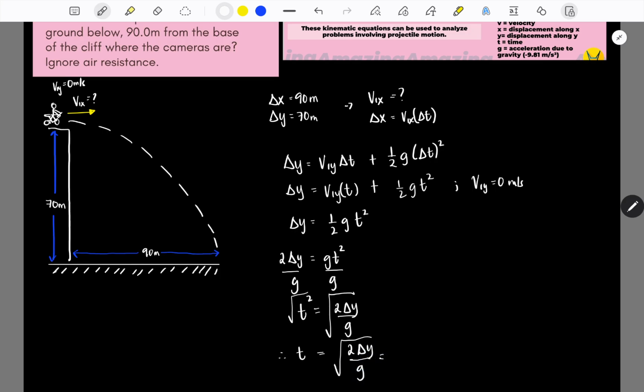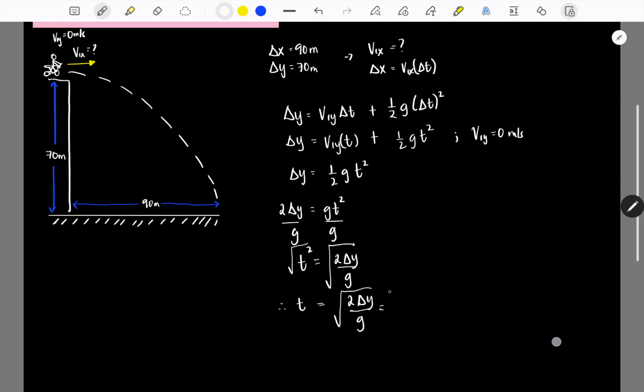Now, all you have to do is substitute the values. So that's the square root of 2 times negative 70 meters. Why negative? Because our origin is at the top of the cliff, so any value below it should be negative. Times 2, divided by negative 9.8 meters per second squared.